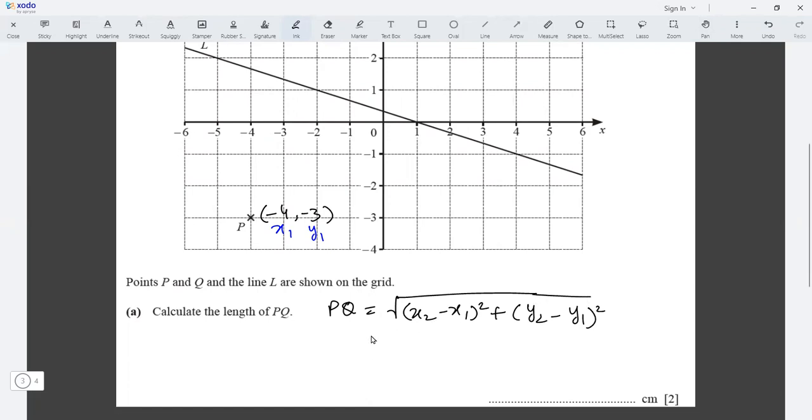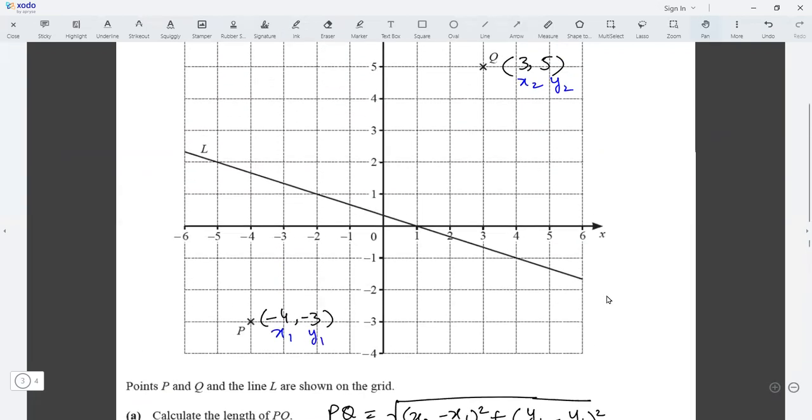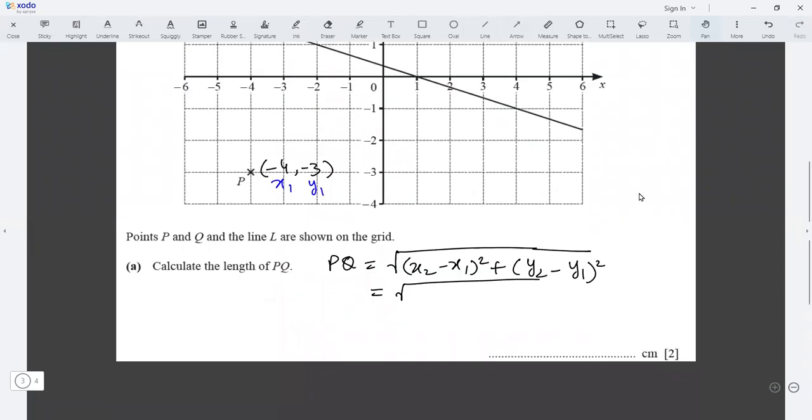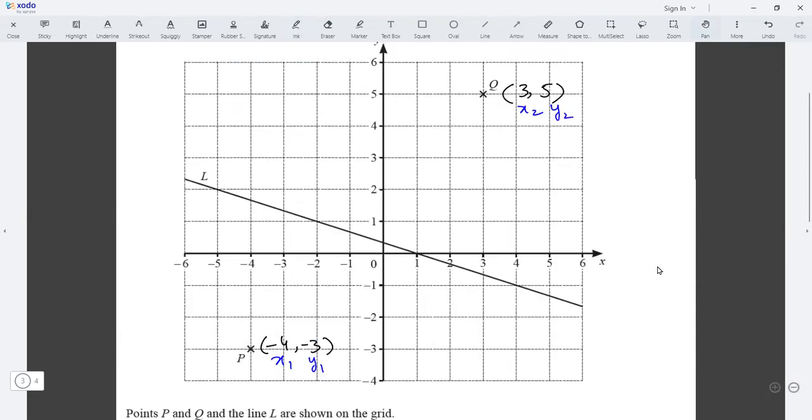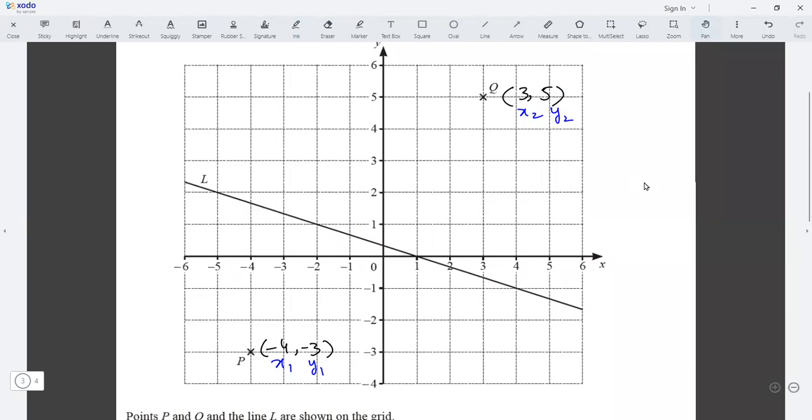So what is x2? x2 in this case will be 3. 3 minus, and there is a negative in the value of x1, so it becomes positive 4. So whole square, then plus y2. y2 is positive 5.